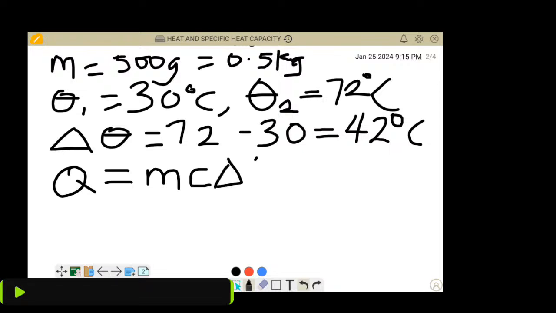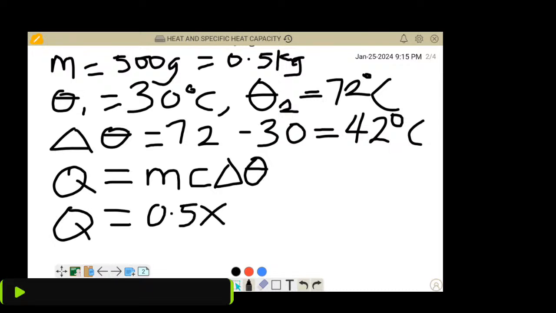We can make use of this formula whenever we are calculating the quantity of heat supplied into a substance to raise its temperature. You can easily use this formula in solving for that. We can quickly substitute our parameters into this formula by having our m, which is 0.5, multiplied by our c, which is 4200, and our change in temperature, which is 42 degrees Celsius.